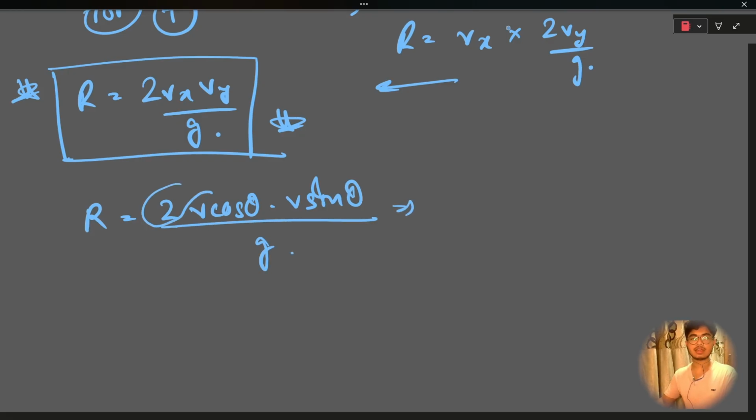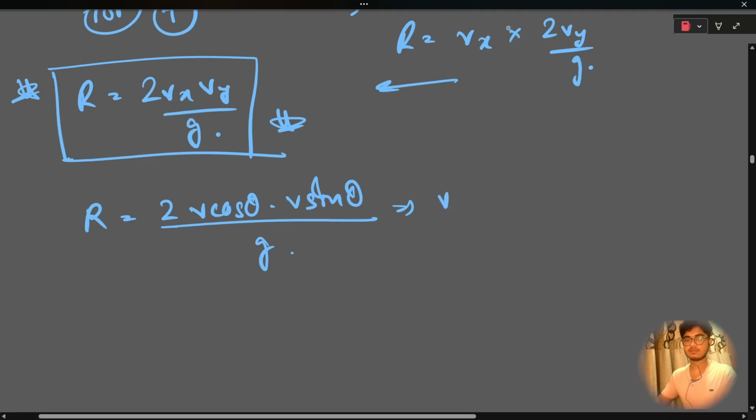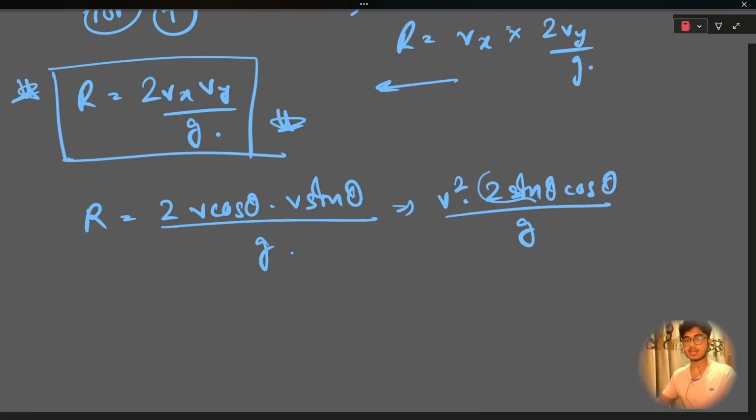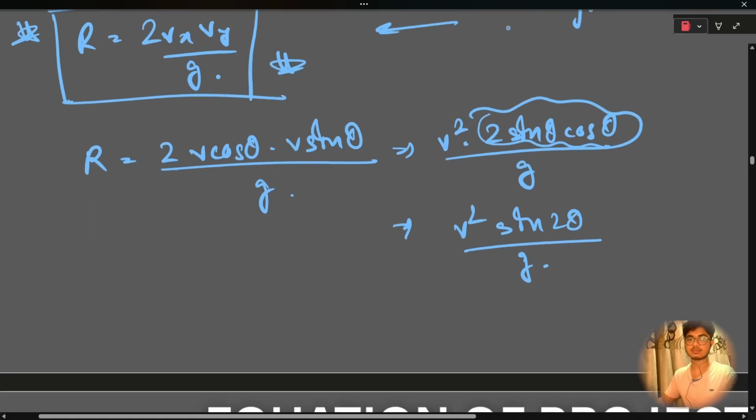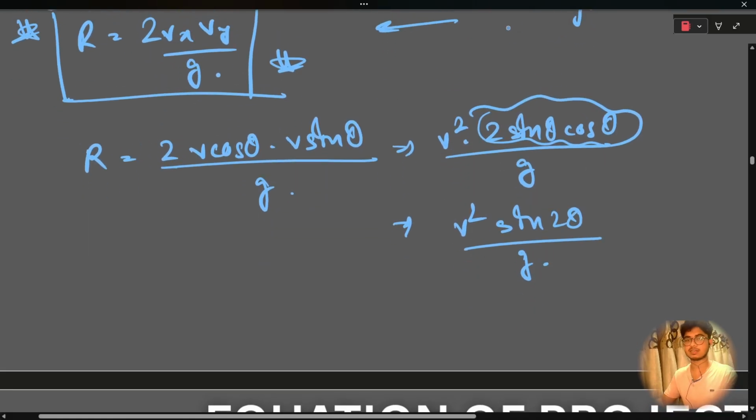If we just segregate this 2 sin theta into cos theta and take the V common, or just we'll do it in the next step, that is V square into 2 sin theta cos theta by G. Now 2 sin theta cos theta means trigonometrically sin 2 theta. You have to know trigonometry for this, which is taught in the basic maths lecture.